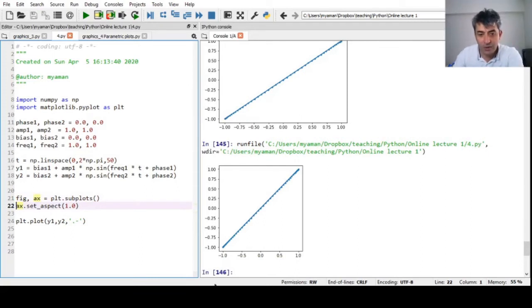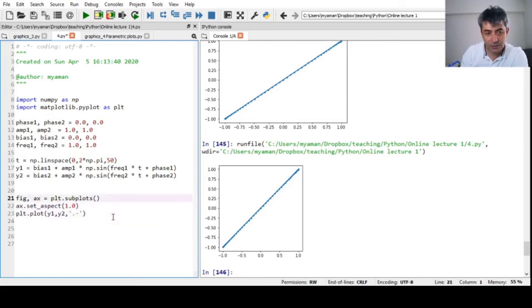Okay, now we have a square, -1 to 1, -1 to 1. So this is a square, not a rectangle anymore. Therefore, the aspect of y with respect to x is equal to 1. And this is what I want. Okay, so here is my second representation.